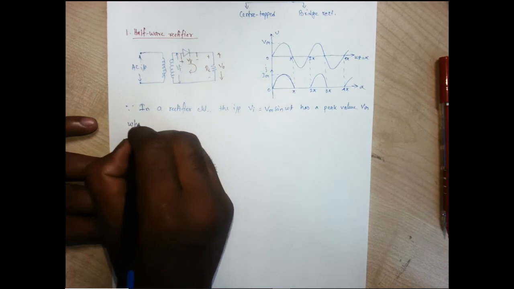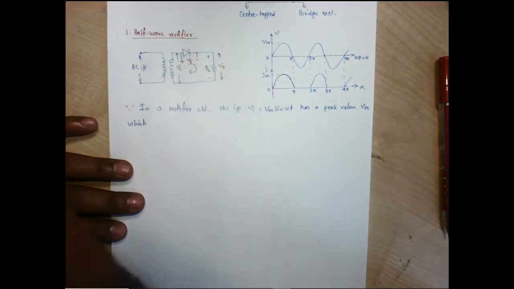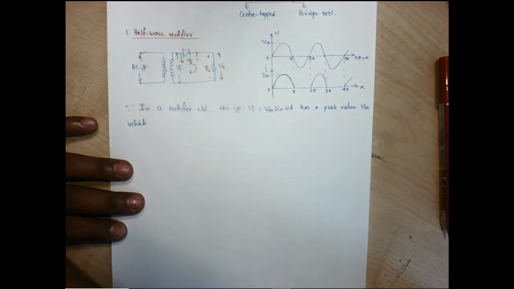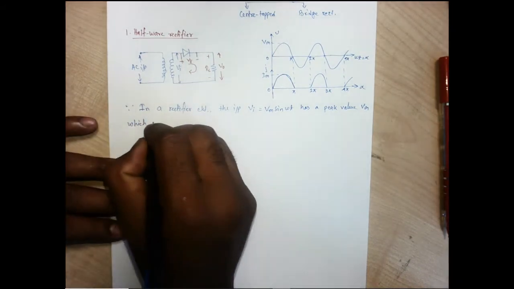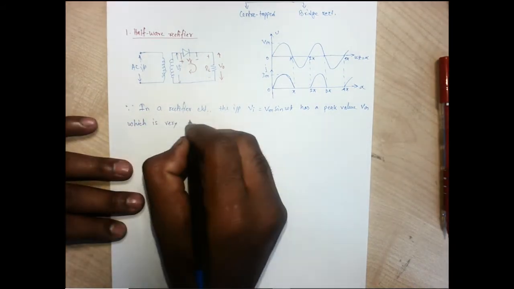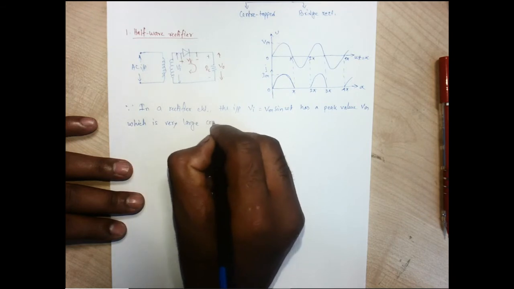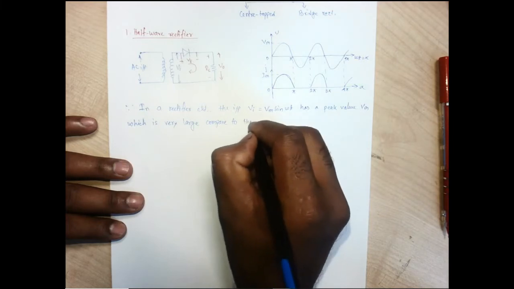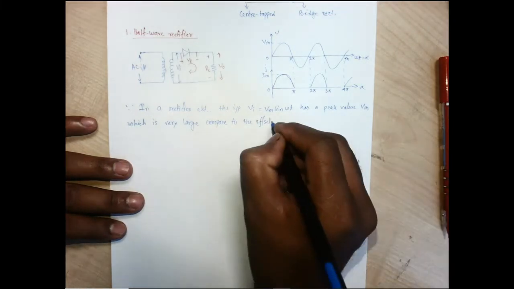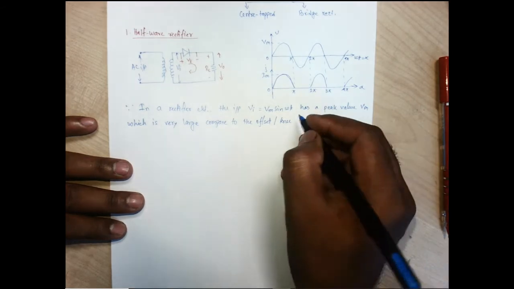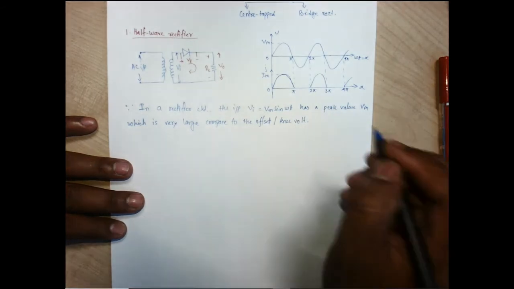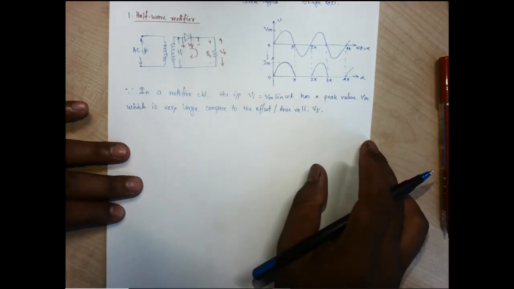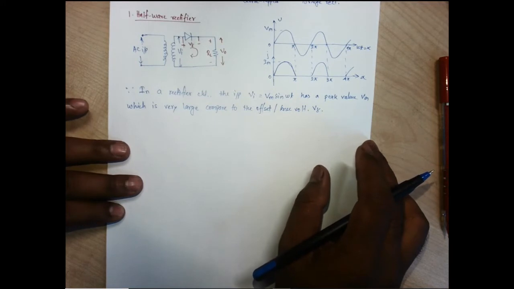This input is obviously quite larger than the offset voltage or the knee voltage V gamma, which is very large compared to our known term, the knee voltage V gamma. Now let us assume for our simplification this V gamma is 0, very very small.